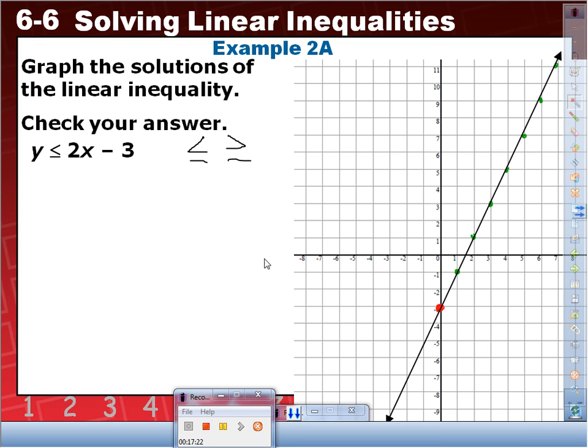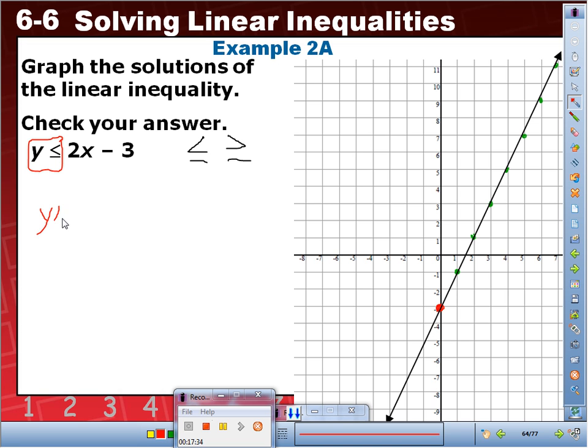All right, so now check this out. To graph the solutions for this inequality, I need some information from here. I need this piece, y less than or equal to, and I need this piece, minus 3. Mr. Q, this looks familiar.